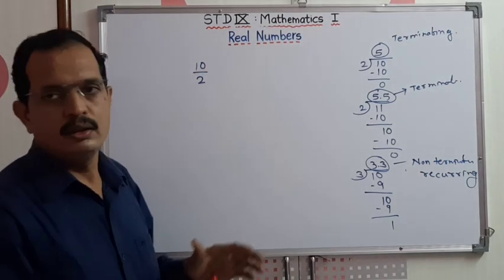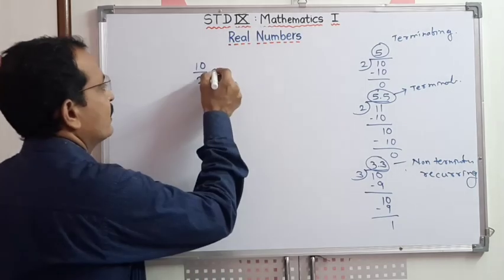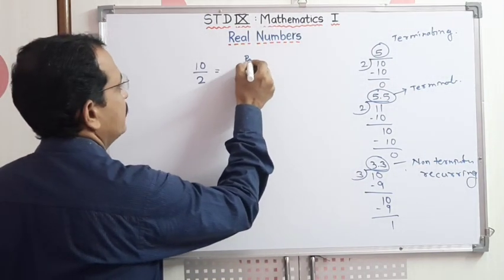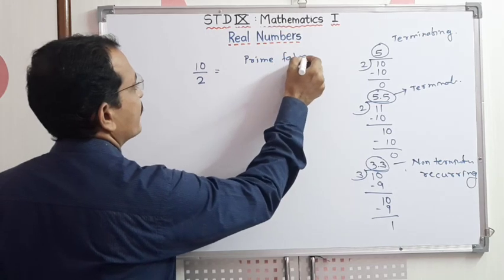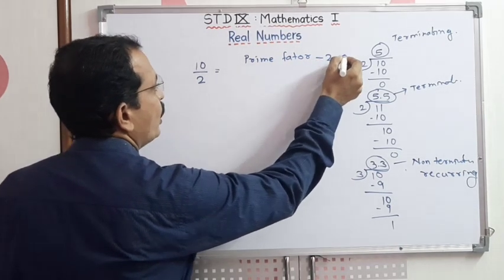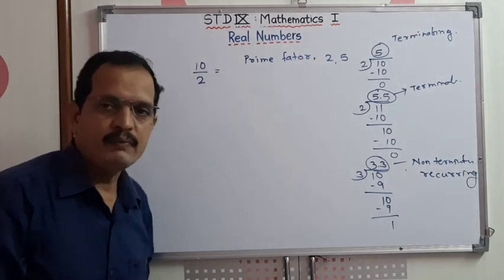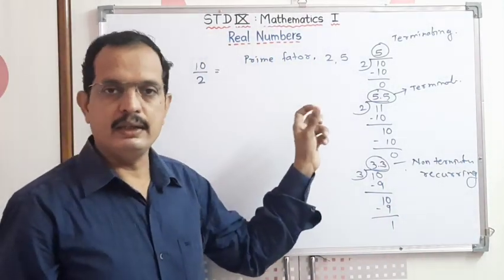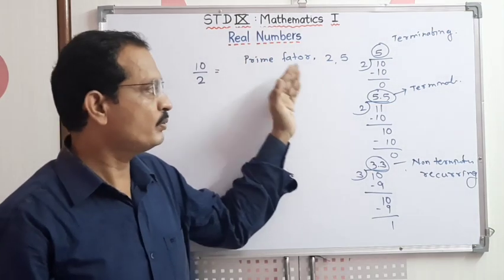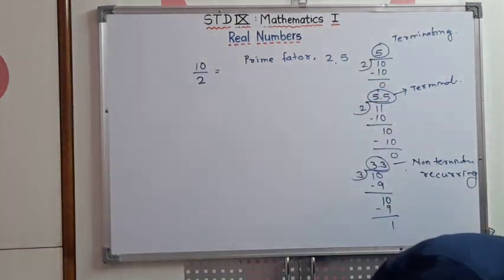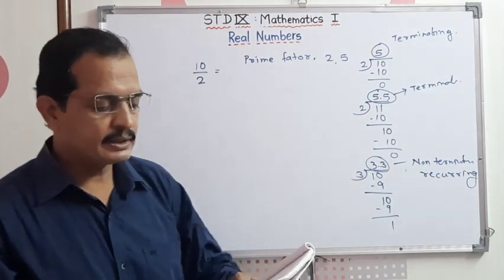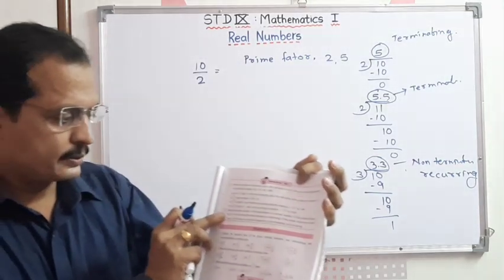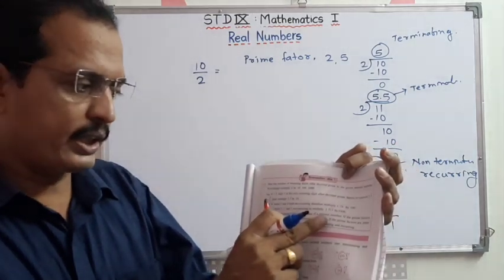In this case the denominator is 2, and if the denominator, its prime factor, see the word, it is prime factor, is 2 or 5, then that number's decimal form is terminating. See on page number 21, remember this, when that property is given, notice the prime factors of the denominator of a rational number.